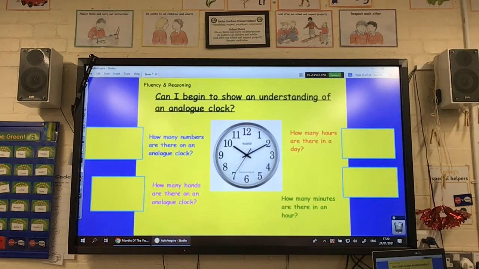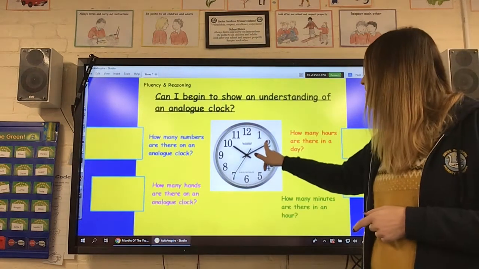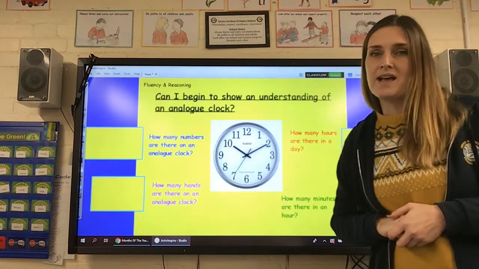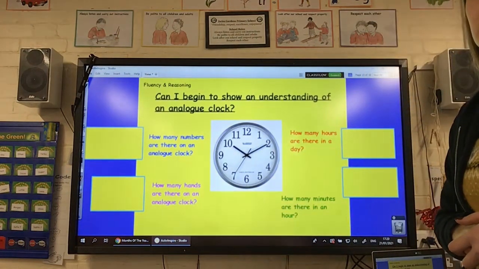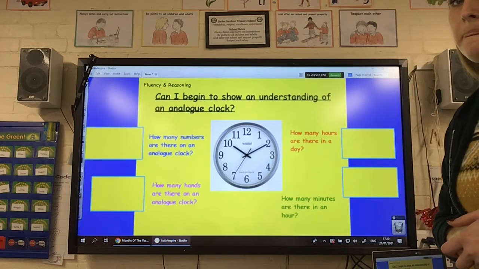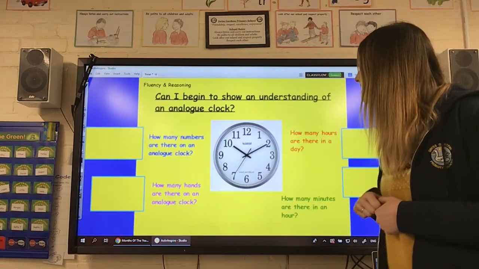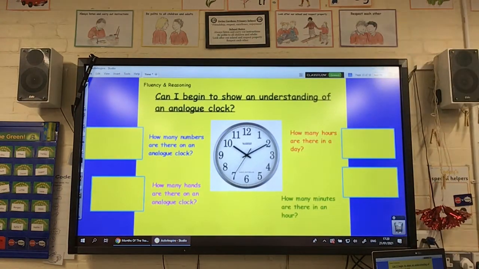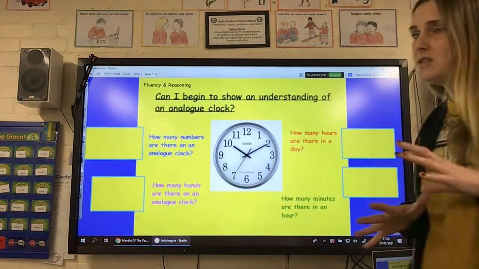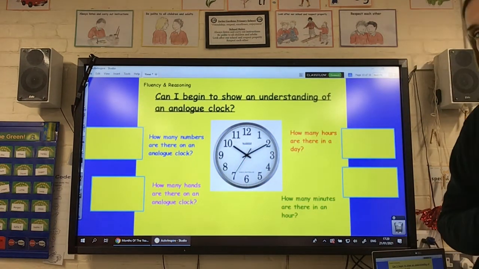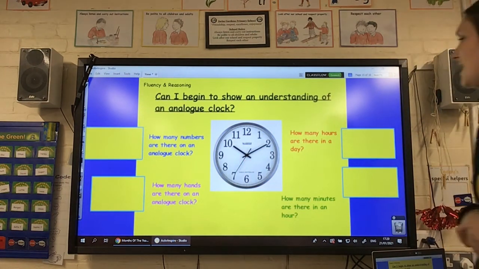How many minutes are there in an hour? So how many times do you think that longer minute hand has to go around our clock to make 1 hour? I'm going to give you a clue. Each of these numbers move in counts of 5s. Now we're moving on to this after half term, counting in 5s, but if you know how to count in 5s already, you can help by counting with me.